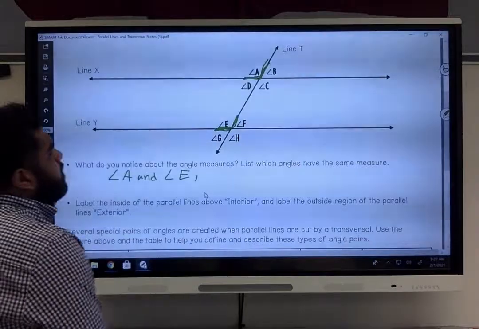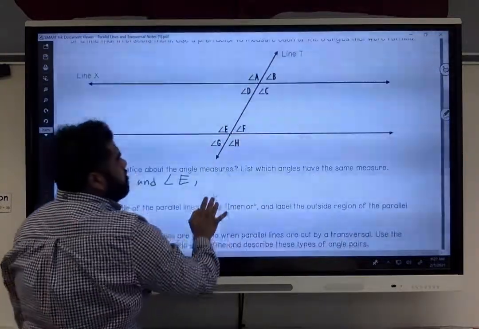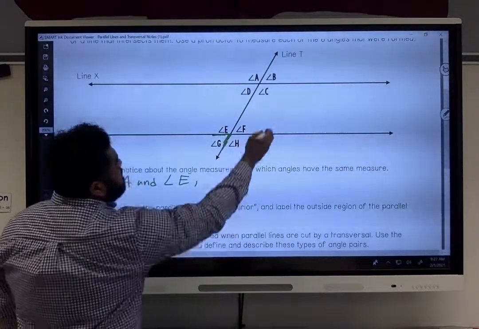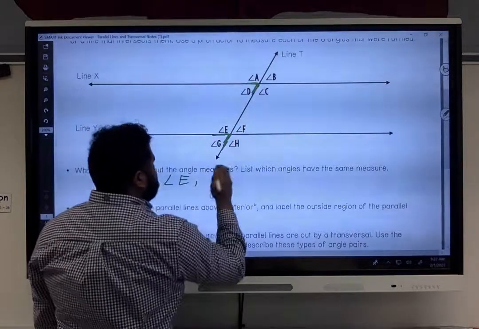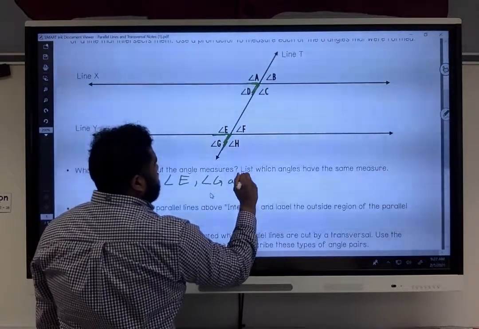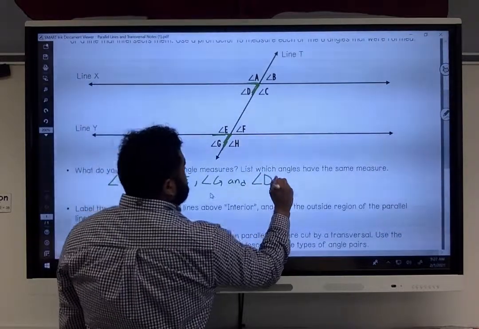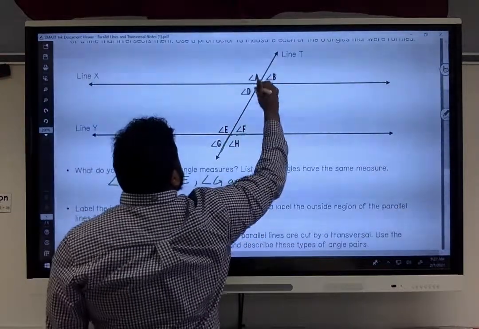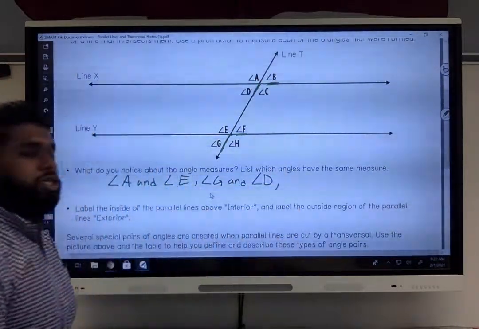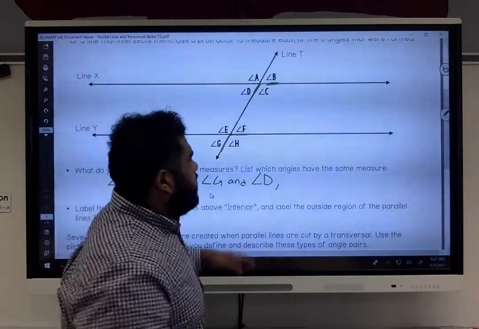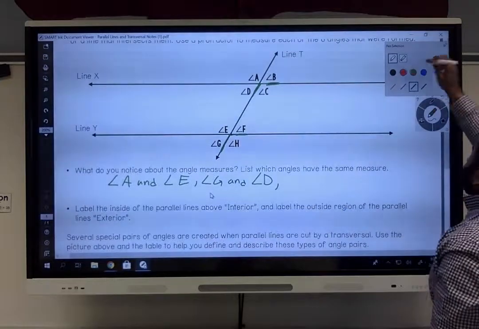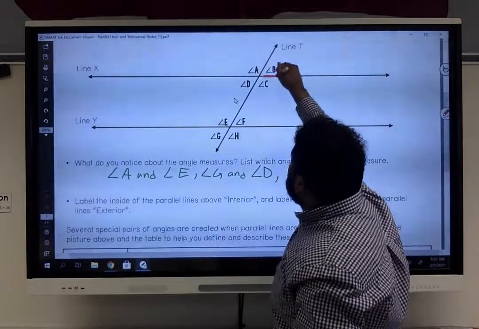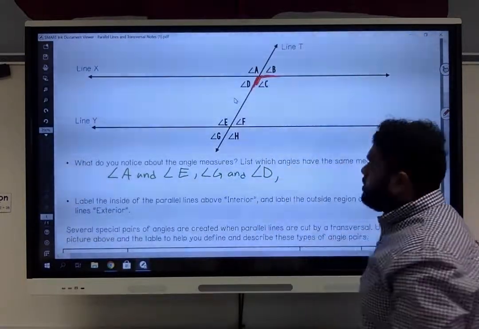What else do we notice? If I erase that, what other angles are similar? What about angle G? Angle G and angle D look similar. What else? H and C would be the same angle. Let me pick a different color so it pops up a little better.